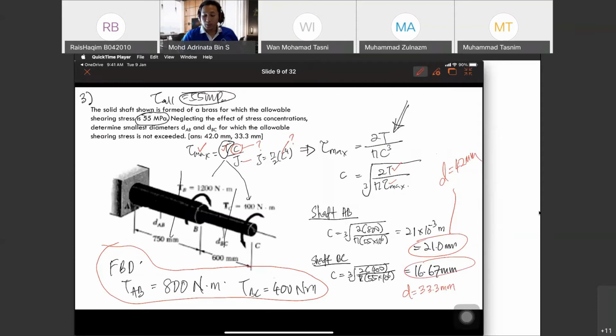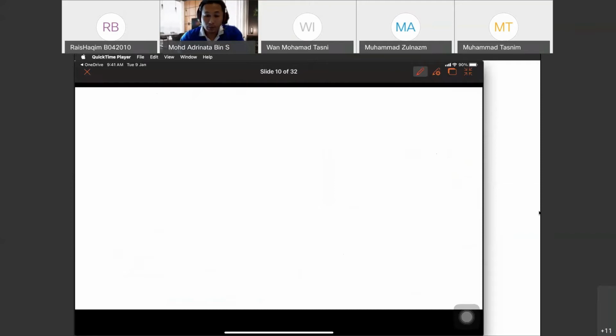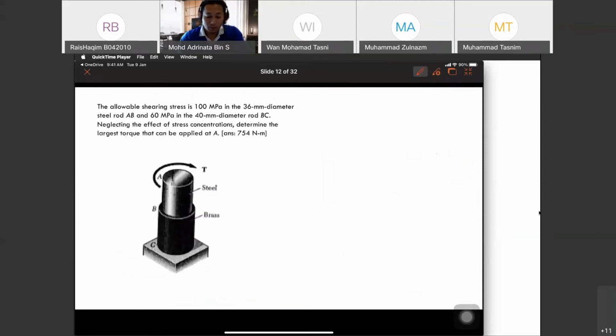Okay, so ini adalah jawapan dia. Okay, boleh. Number 3. Siapa yang dah buat tutorial lebih daripada nombor 3? Buat-buat tapi tak dapat jawapan. Okay. Seterusnya.